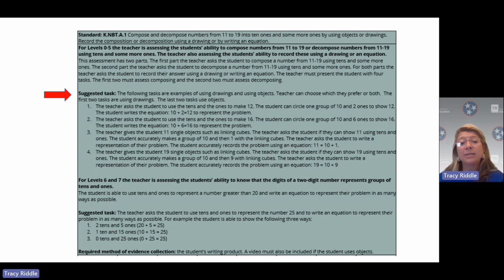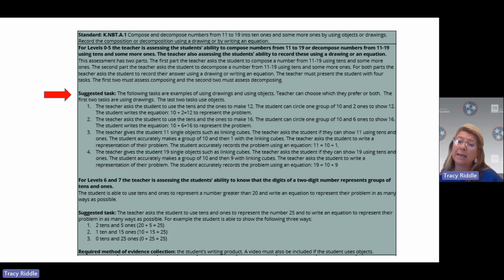The second 2 tasks are examples of using linking cubes if you wanted to use objects. So this would be decomposing. The student has 11 objects and they make 11 by making a 10 and a 1. To make 11, they use 1 ten and 1 one. So they make that group. Then they can write out 11 equals a 10 and a 1.